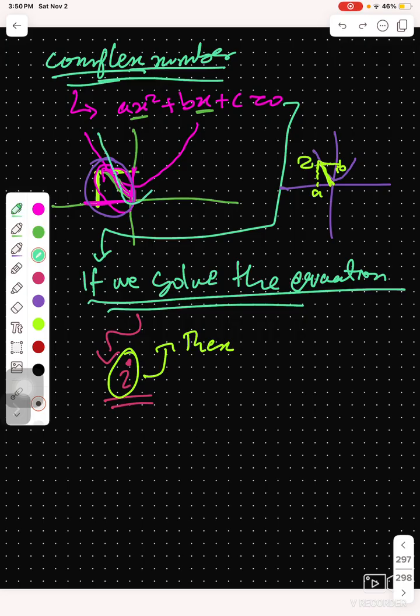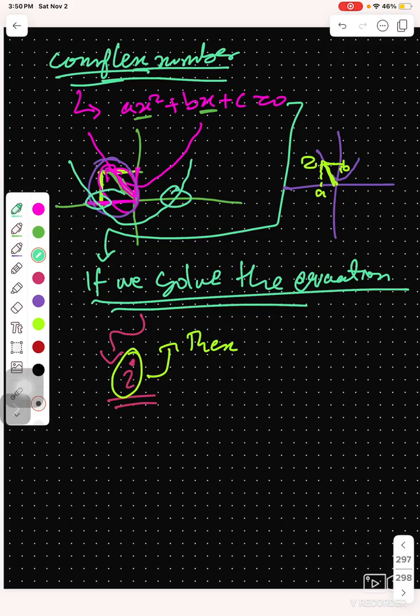If it touches the x-axis, here it is touching, so it would be one. Even for a cubic, there's one x, there's the second x. So there's no x-intercept in the complex case. Okay, that's it.